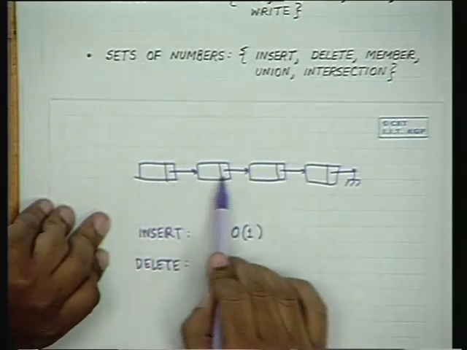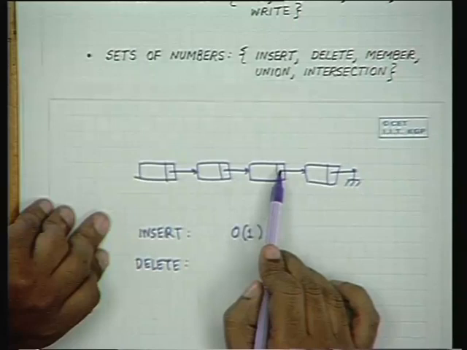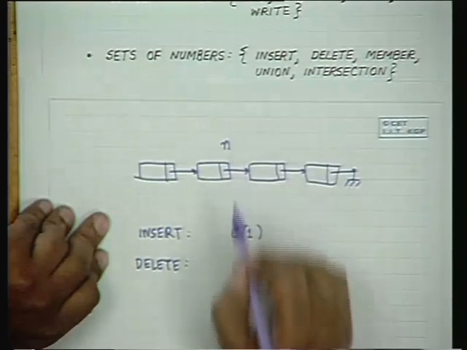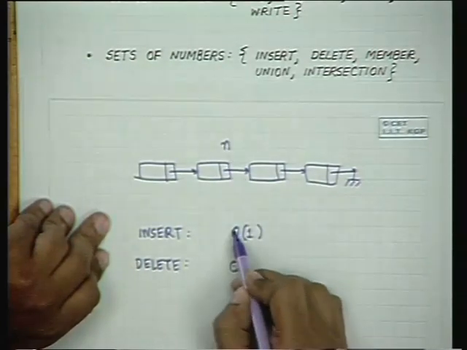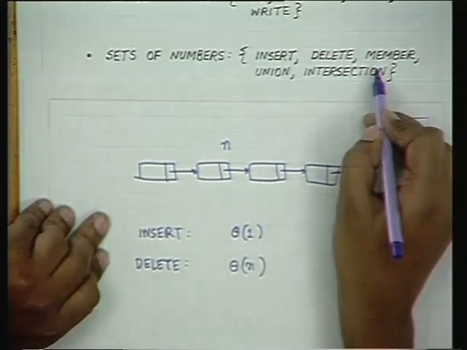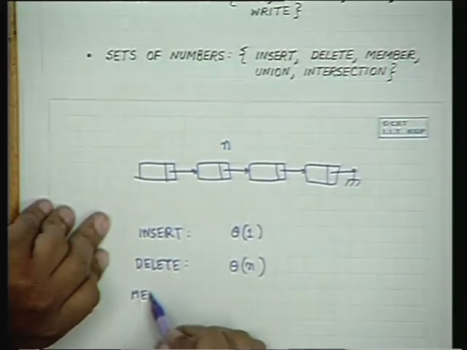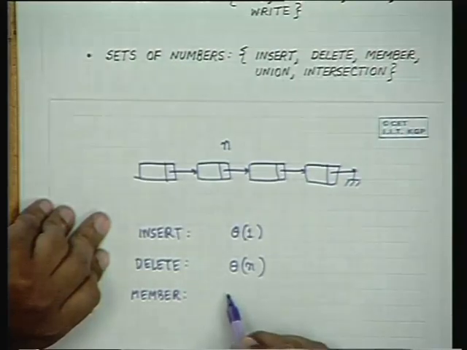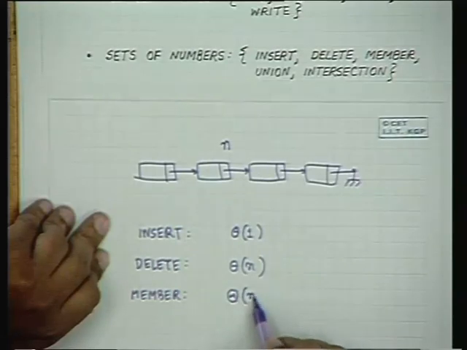You will have to find that number in the list and then delete it. So in the worst case, if there are n elements, it will take order n time. Member will take how much time? Order n time.